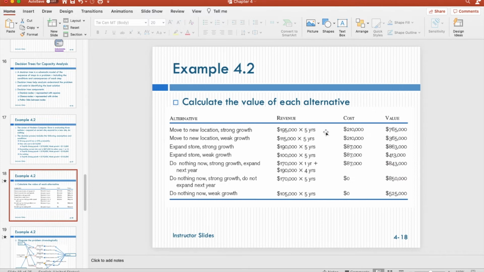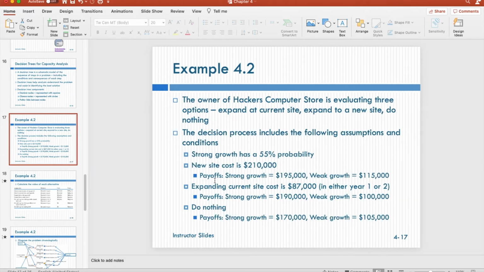And then what is the cost? Since you only expand on the new site once, this cost will only be incurred once. You are not expanding on a new site every year for the next 5 years. You choose that factory site at the beginning of year 1, incur some cost, and in the next 5 years you generate more revenue.